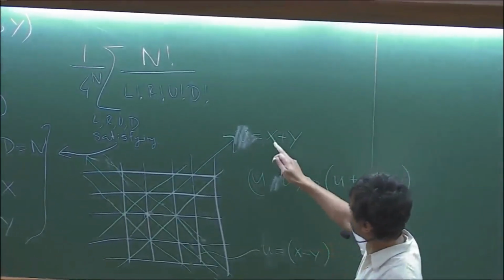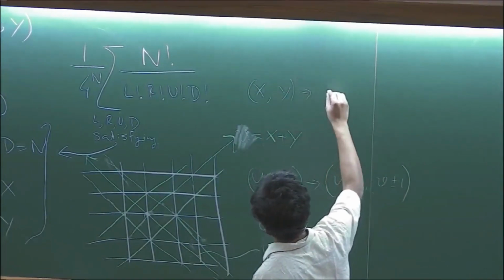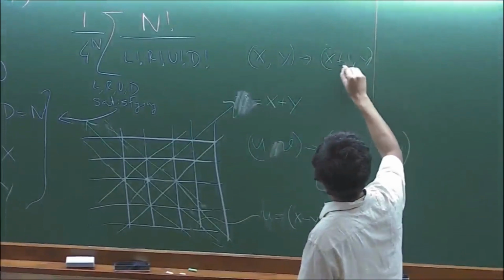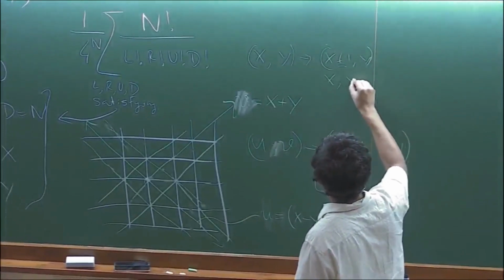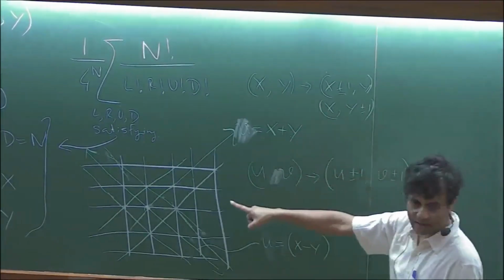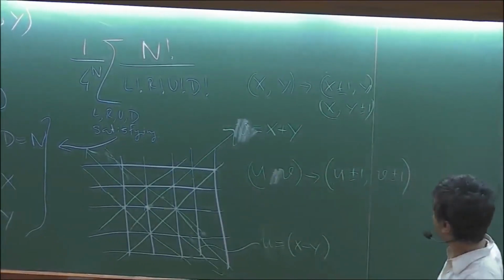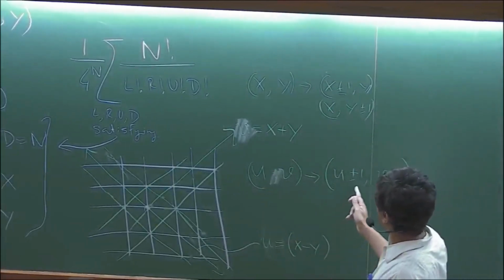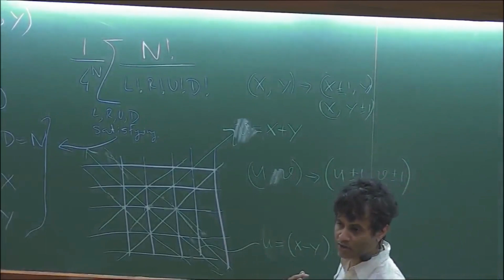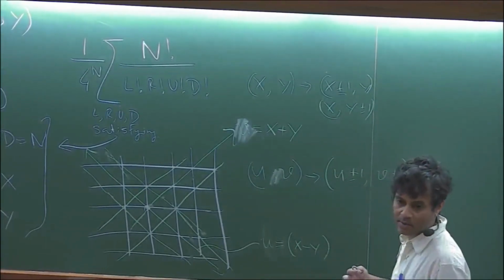Unlike x and y, which could have taken x plus or minus 1, y, or x, y plus or minus 1 in the original lattice. In the new lattice, these are the allowed jumps. So you can think of this as 2 independent 1D random walkers, u and v, each of them a random walk.